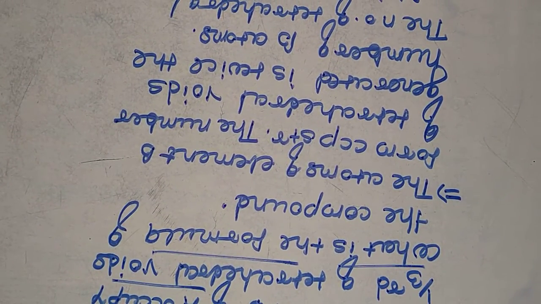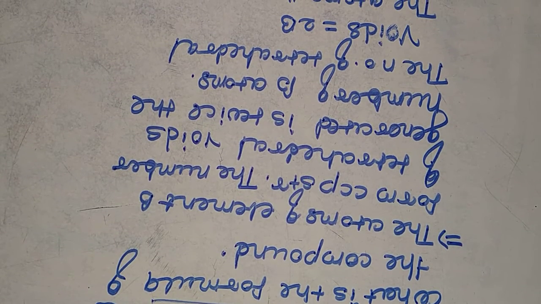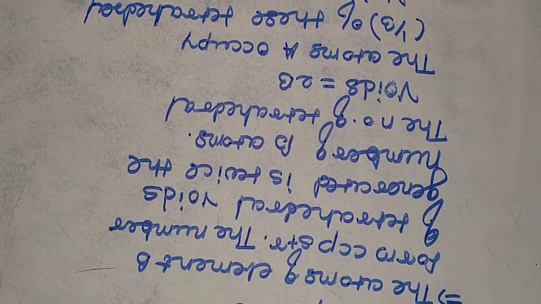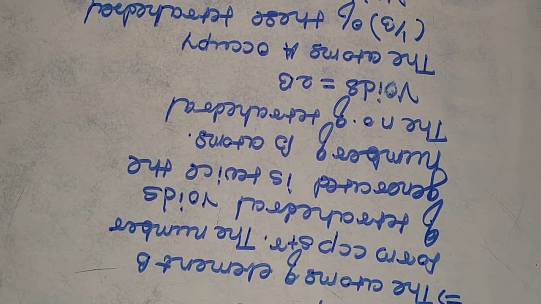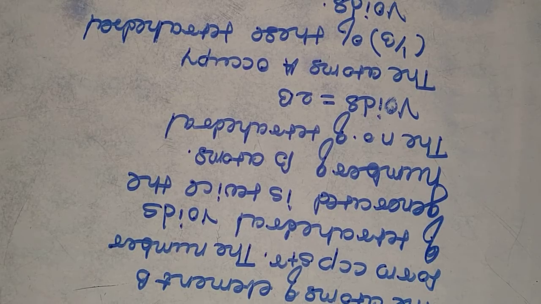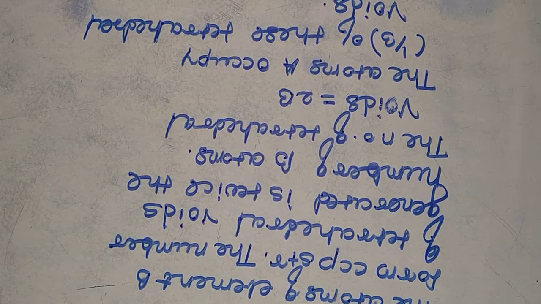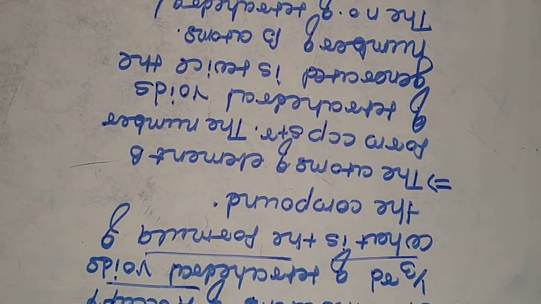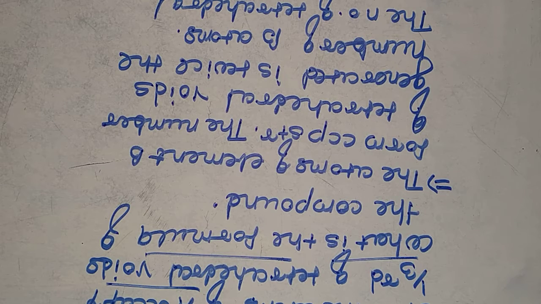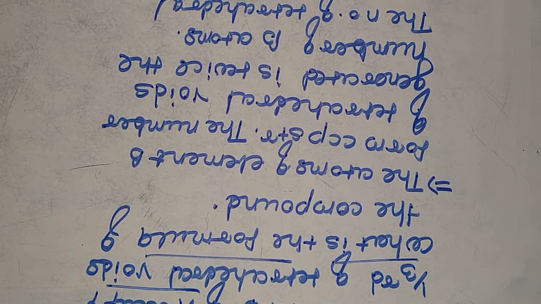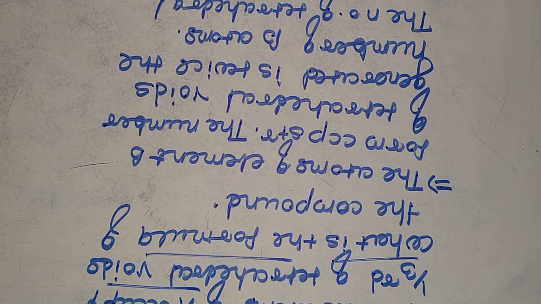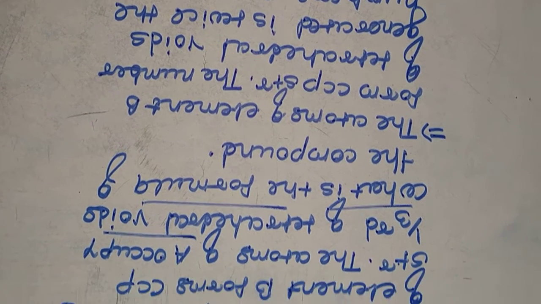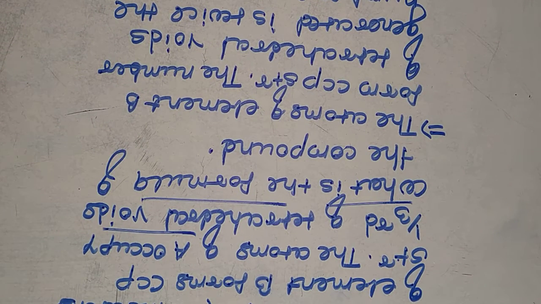The atoms of element B form CCP structure. The number of tetrahedral voids generated is twice the number of B atoms. The number of tetrahedral voids is 2B. You can simply see here, in the numerical you have been given that the atoms of element B form CCP structure, and the atoms of A occupy 1/3 of tetrahedral voids.